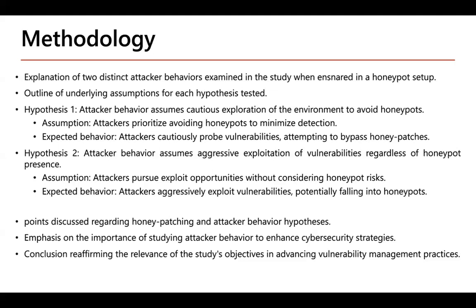For example, if they target the honey patched exploit 1 first, they end up in state 1, trapped in a decoy without capturing the real flag. As the game progresses, the attacker moves through different states until reaching a terminal state (i, j), where i and j range from 0 to 3 and their sum is at most 3. So this means the attacker can get either flag for each exploit or none of them.